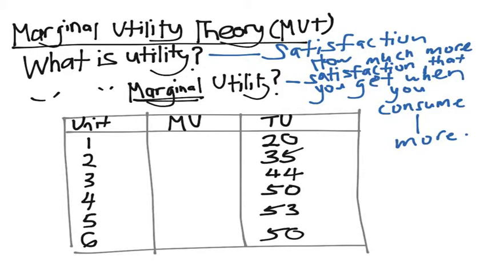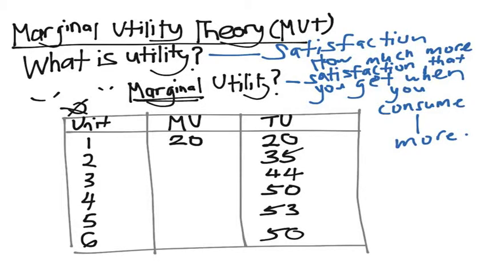So how do you calculate marginal utility? By definition, marginal utility is the increase in satisfaction that you get when you consume one more good. For the first unit, utility increases by 20, because before that you have nothing. So the marginal utility is 20.